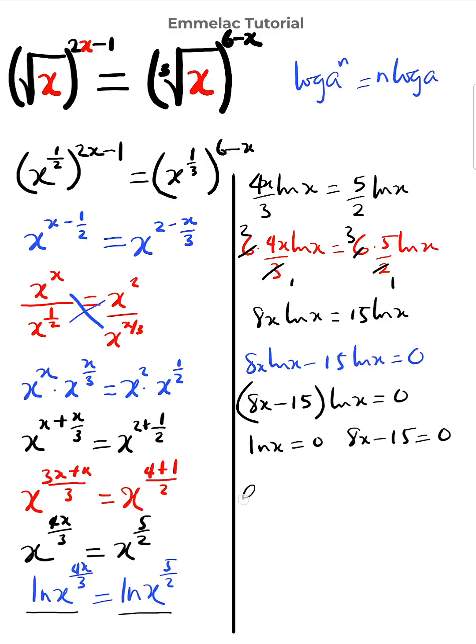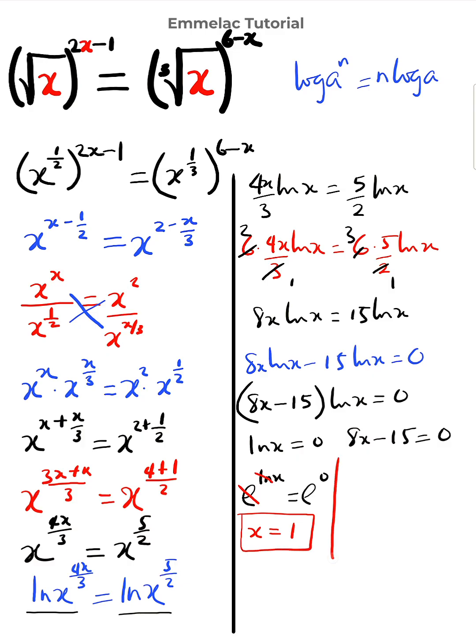So by doing that, I have e raised to ln x, then equals e raised to what? 0. And why do I do this? So that I can clear off this ln x, which e will also clear that off. Then I have here x, then equals e raised to 0 is 1. So this is one of the solutions, okay, that satisfies the equation.